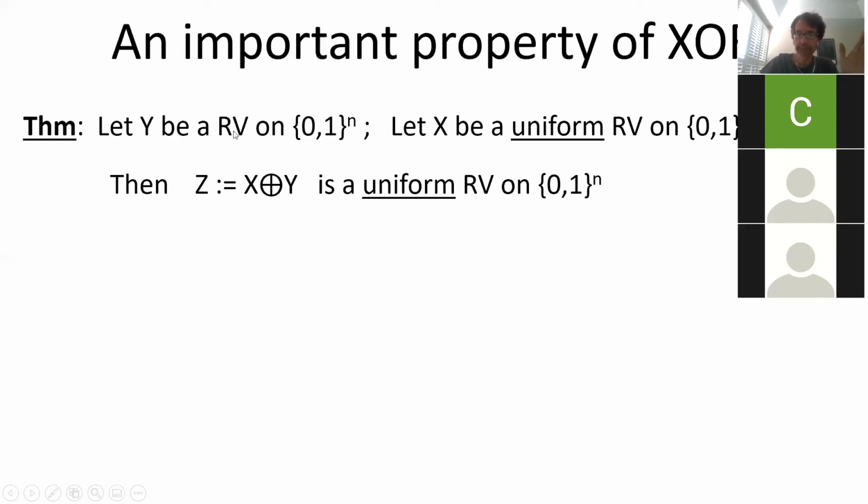In a sense, by XORing Y with X, where X was purely random, uniform, I obliterated any information that was in Y, because Z is a randomly sampled uniform bit string. And look, this is true independent of what Y is.